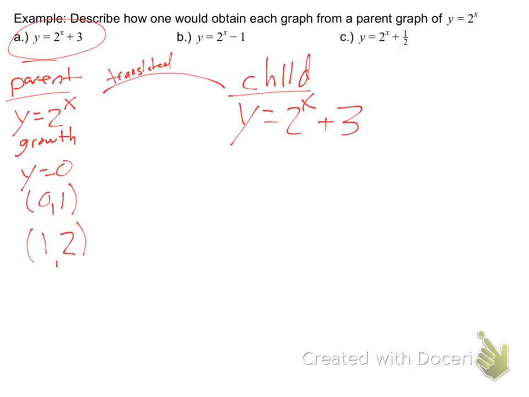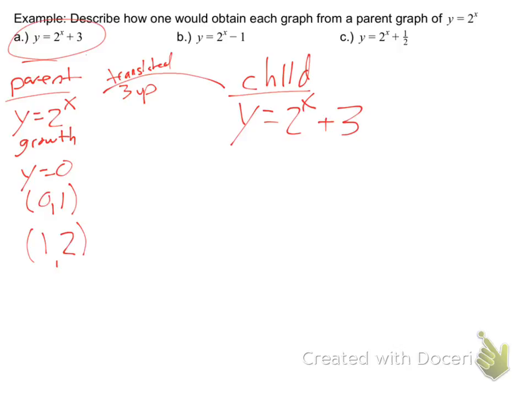Translated 3 up. We already talked about all of that. So what's going to happen to the parent graph? It's just going to go up 3. That is in which direction? X's or Y's? The Y's. That means our X's will stay the same.